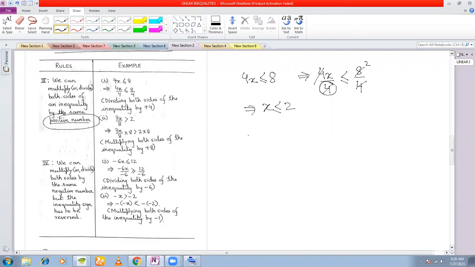Now let us see this: 3x by 8 is greater than 2. Now what I want to do here is I want to make the coefficient of x as 1.